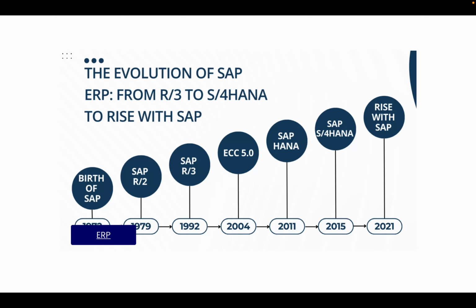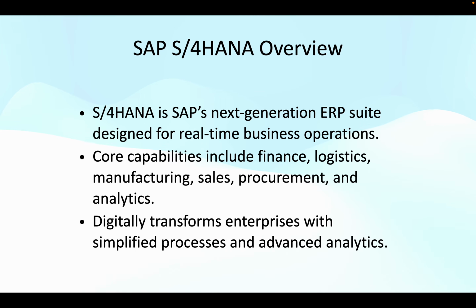Now, to start off with the evolution of SAP, SAP has always been catching up with the trend. Anywhere anything new happens, if it's a revolution, SAP is quick enough to catch it up, from the 1970s till date. Now, what exactly is SAP S4HANA? SAP S4HANA is SAP's next generation ERP suite designed for real-time business operations.